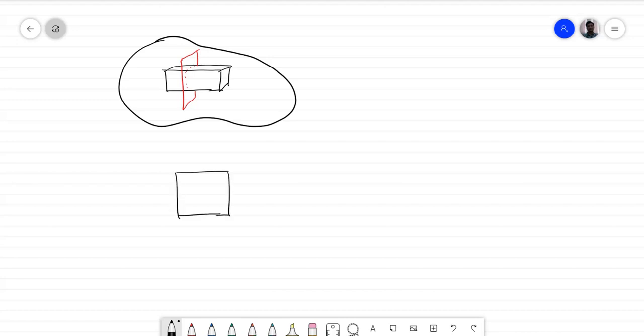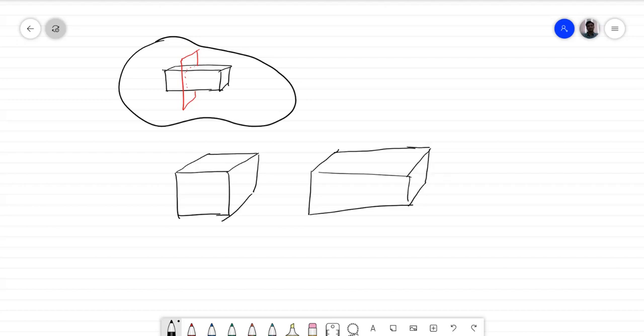This is the left part, and this is the right part.